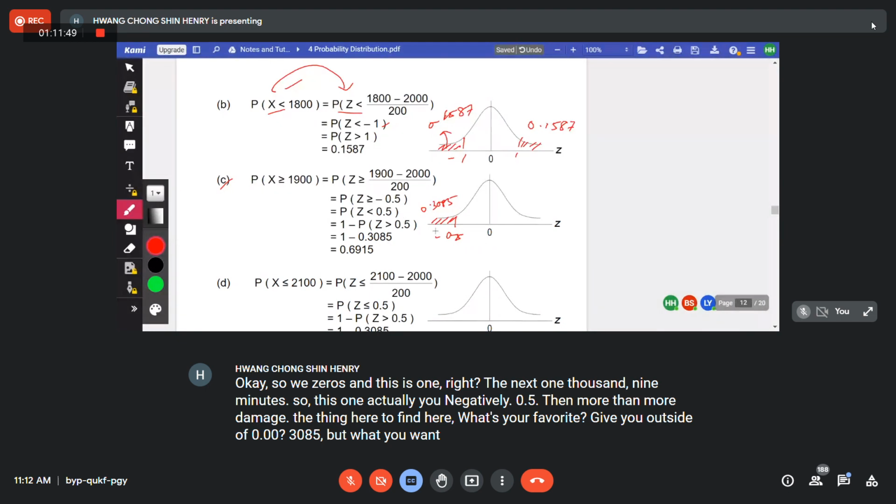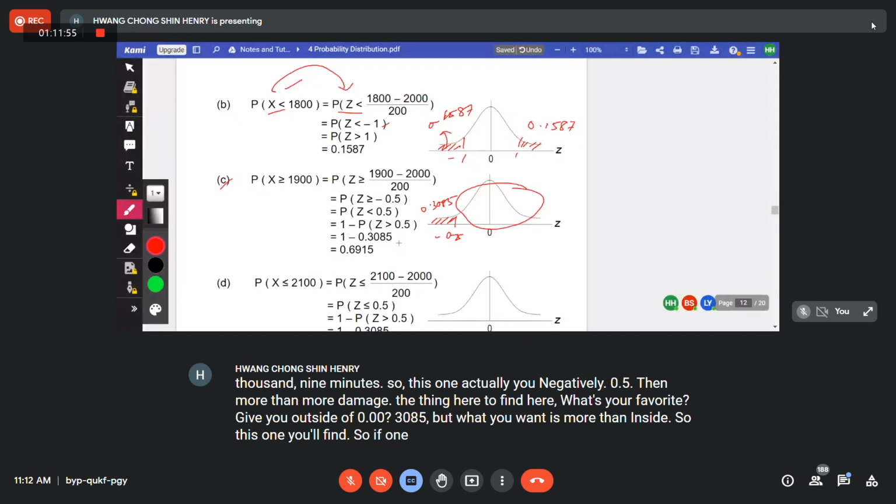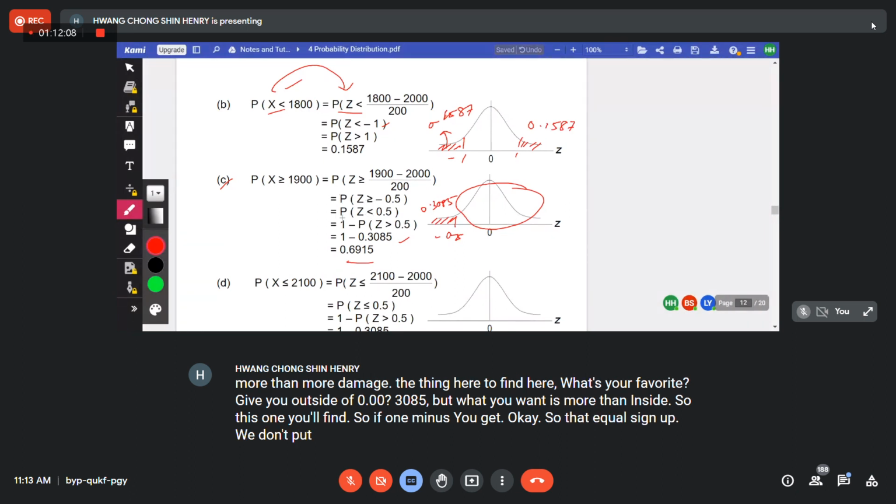But what you want is more than on the negative side. So you take 1 minus 0.3085, you get 0.6915. Okay. So the equal sign, you don't need to put it also. It's alright, it's continuous.